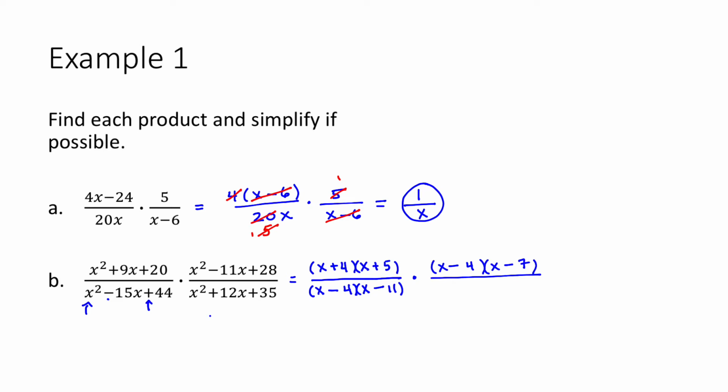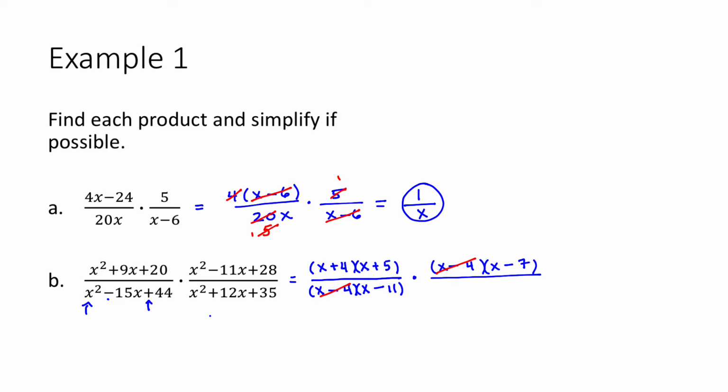And I can see that I have an x minus 4 here and an x minus 4 here. So a lot of times people feel like it has to be diagonal like this, but it doesn't. As long as it's a factor from the numerator and a factor from the denominator, then you can divide those out. So if that x plus 4 had been an x minus 4, even though it's straight up and down, that's perfectly fine. It's a top with a bottom.